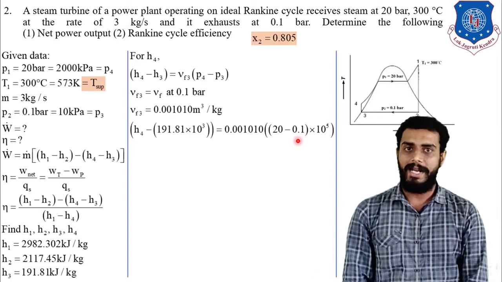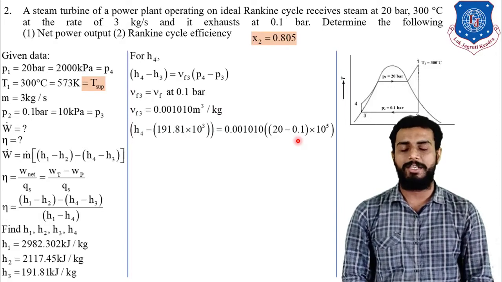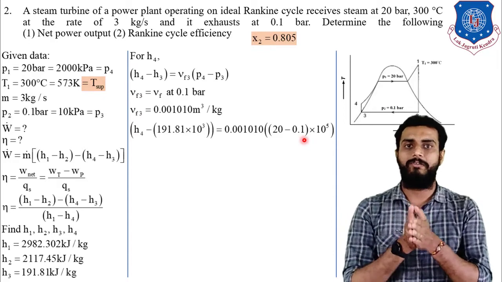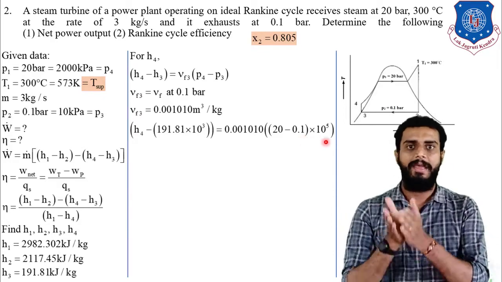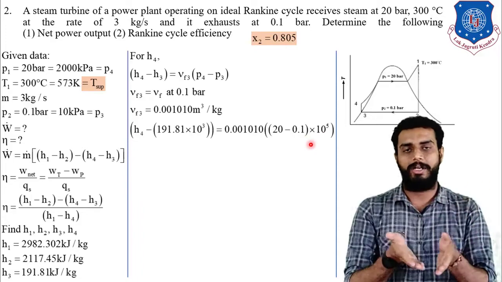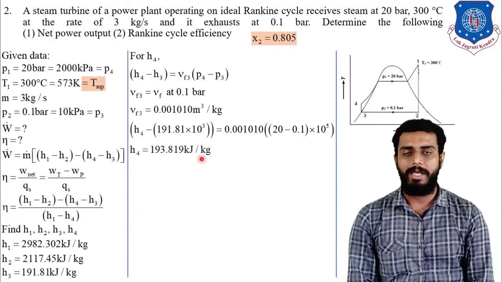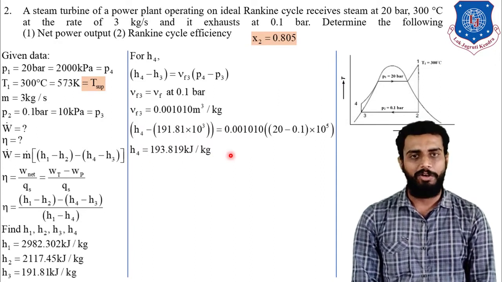Very simple, right? Now we have all the values of h1, h2, h3 and h4. Substitute these values in the equation of rate of work done, then you can get the power, because m dot is given. So the power produced will be equivalent to 2588.529 kilowatt.